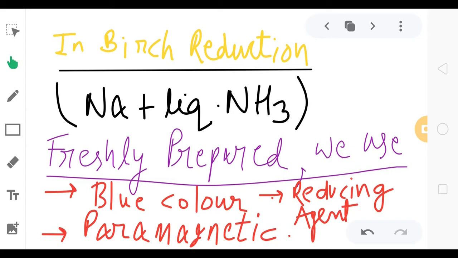And since there are unpaired electrons, that means free electrons in the solvent, it is paramagnetic.